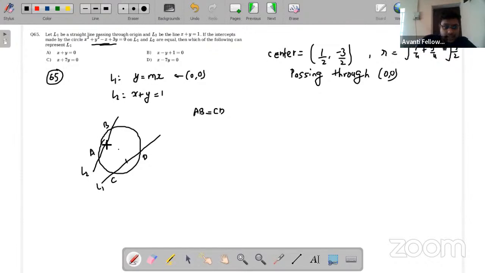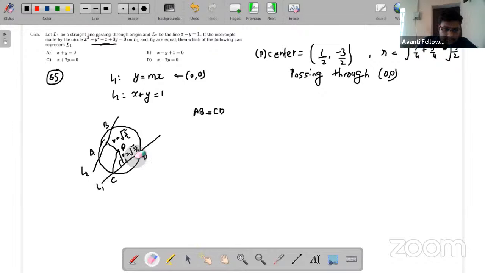So we can also say that the perpendicular distance from center to both the chords, let's say center is, not C, I'll take another point, P. So center is, let's say, P. We know the radius. Radius is root 5 upon 2. So this will also be root 5 upon 2, right? Okay, we also know that if AB is equal to CD, then you can see this is a right angle triangle.